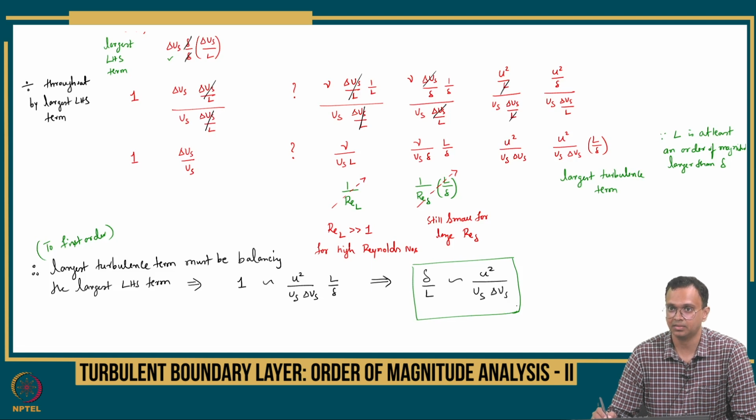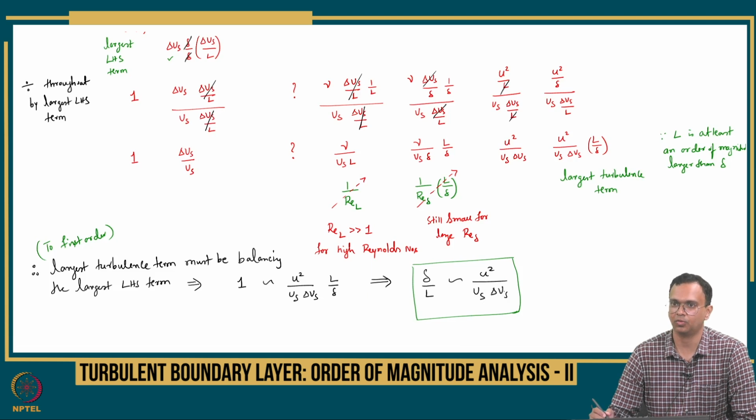What is delta by L? The growth of boundary layer. The boundary layer growth. What is it depending on now? Velocity, turbulence velocity. Something like a non-dimensionalized turbulence velocity. This we call turbulence intensity. Right? So we have, let's say, the small u is 1 meter per second, and Us is what we are using to non-dimensionalize it.